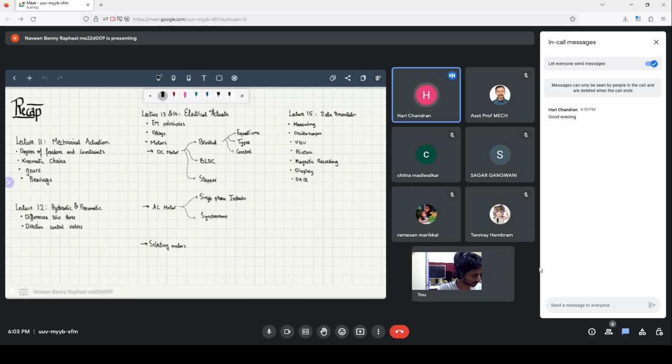There is a question about the Hall sensor in the assignment. The Hall sensor is generally used to sense the speed of the motor, and the answer is all of the above.